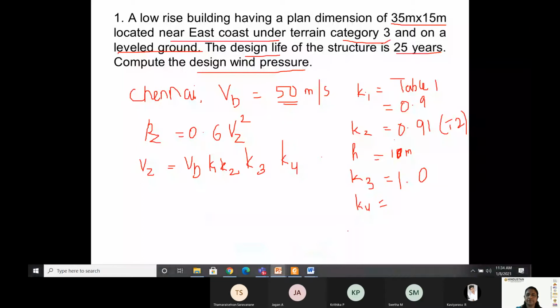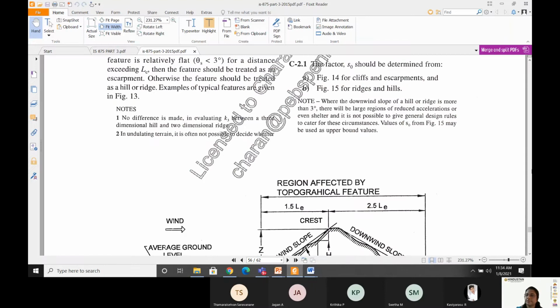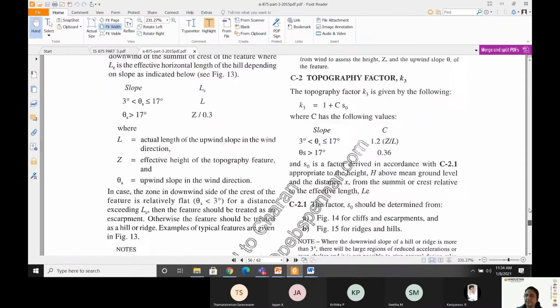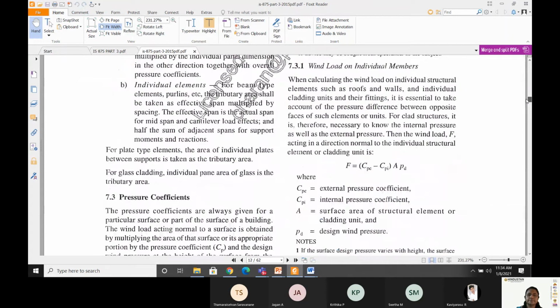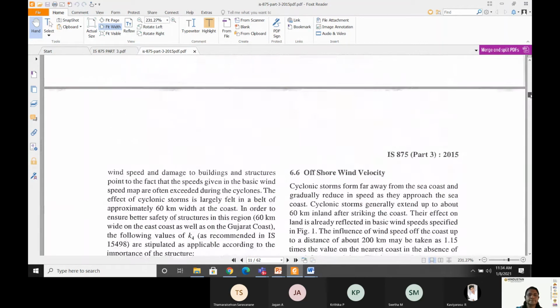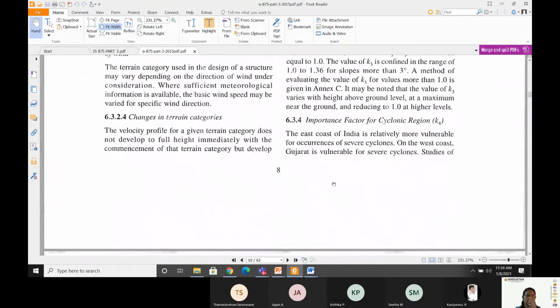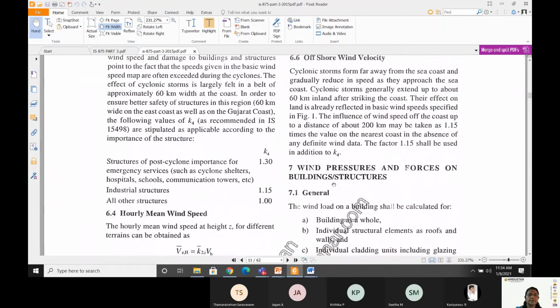Now what is the next one? K4. K4 is nothing but the importance factor for the cyclone region. Okay, now let us go back. How much is K4 given there?